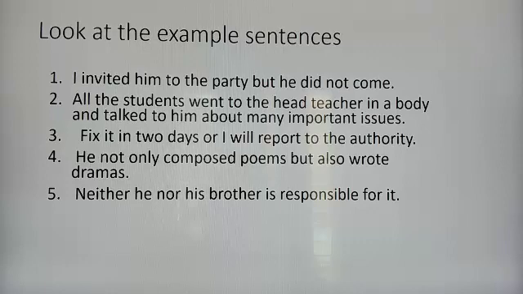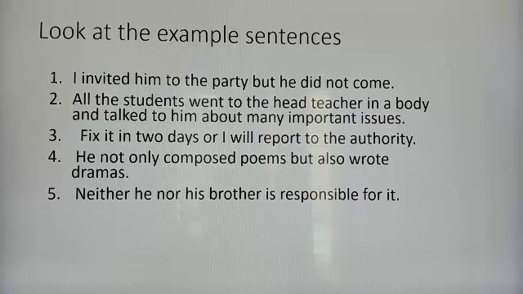All students went to the head teacher in a body and talked to him about many important issues. And here, fix it in 2 days, or I will report to the authority. Or is used here. He not only composed poems but also wrote dramas. Not only but also conjunctions.